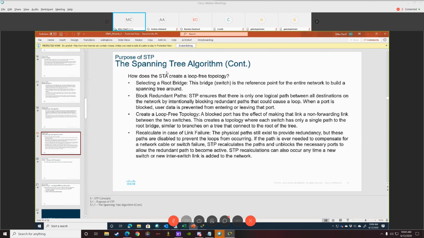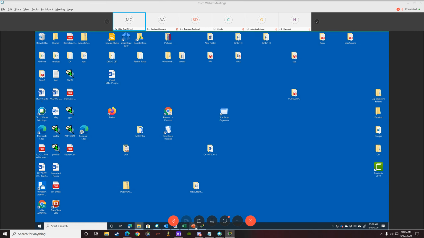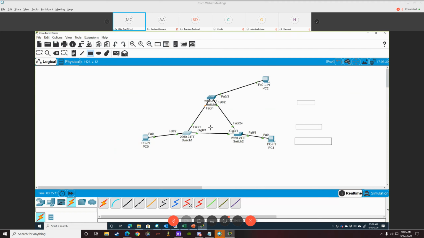Okay, so how is this going to work? Why do we need to block this one here and not this one here? The algorithm says we're going to select a switch to act as a reference point.